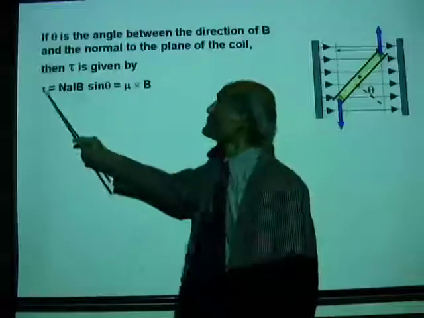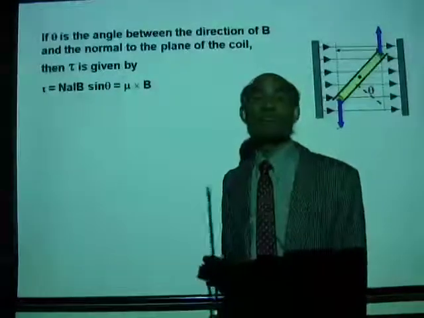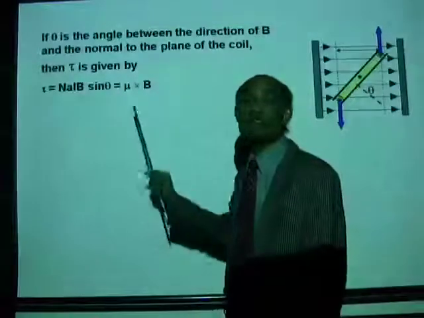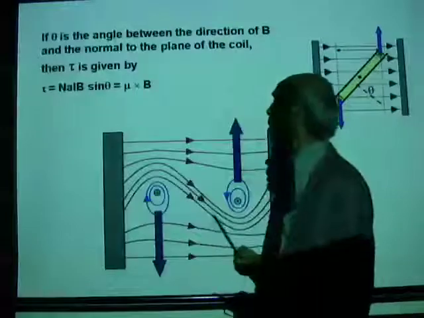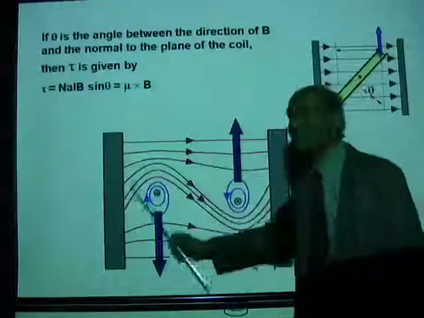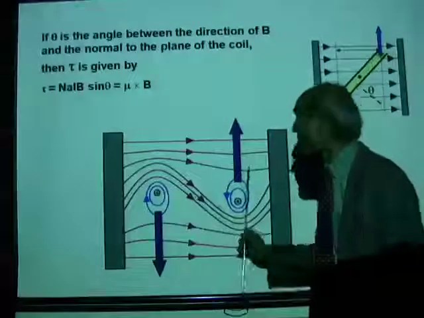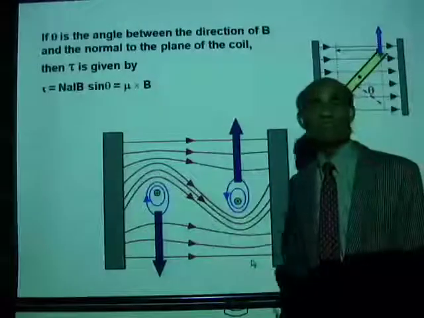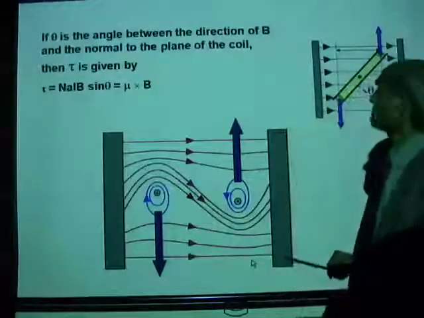So the torque experienced by a coil carrying a current placed in a magnetic field is mu cross B. And I've illustrated that concept here, why the torque actually occurs. The catapult effect, which we talked about a while ago.